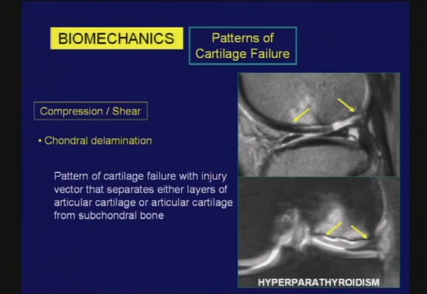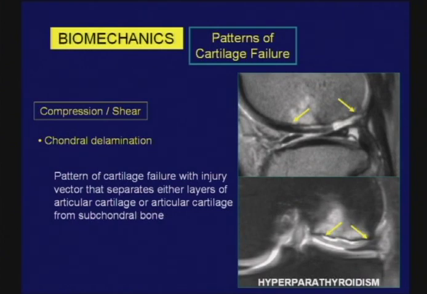Here's a beautiful example of what that looks like. The articular cartilage here is separated a long segment from that subchondral bone. Now, this is of interest in this case in particular because this is hyperparathyroidism. We all recognize hyperparathyroidism as a cause of subperiosteal bone resorption, but it's also a cause of subchondral bone resorption.